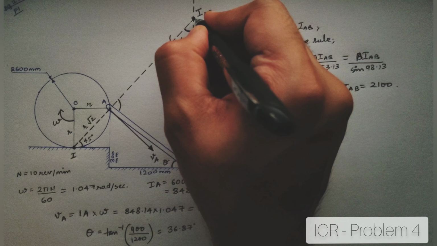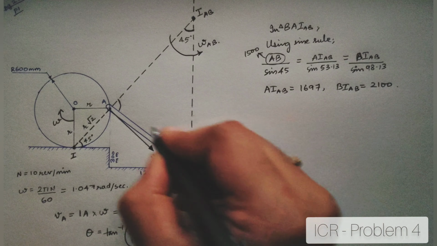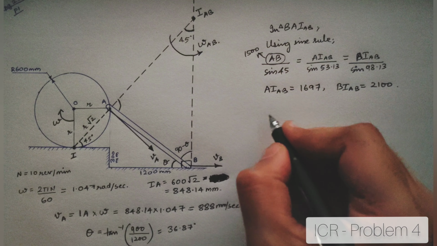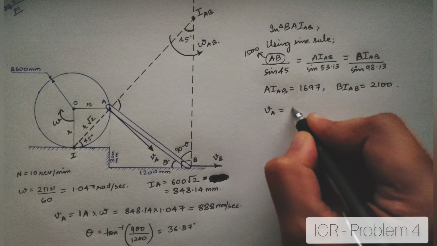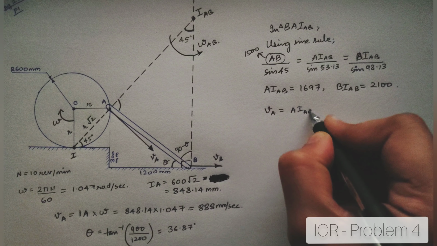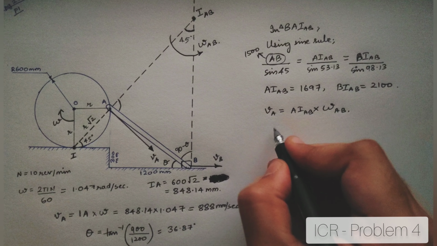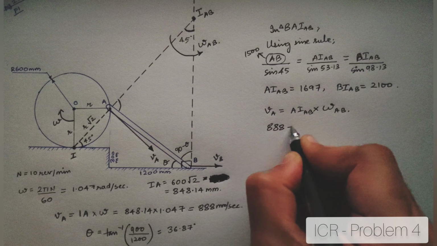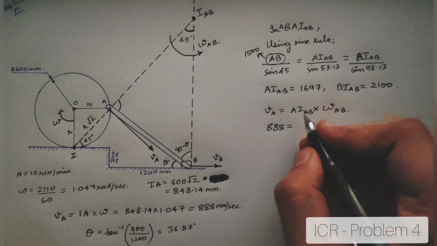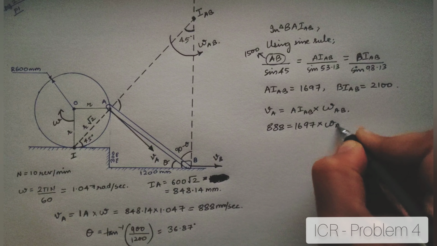Now using this particular ICR, I will find my omega AB, because VA can be written as AIAB into omega AB, where VA is known to me, VA is 888, AIAB I just found out, which was 1697, into omega AB.